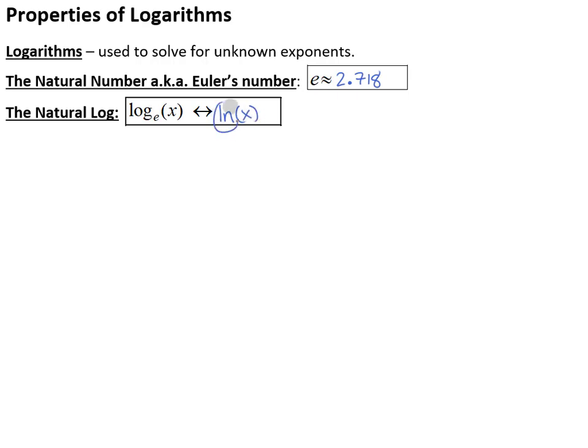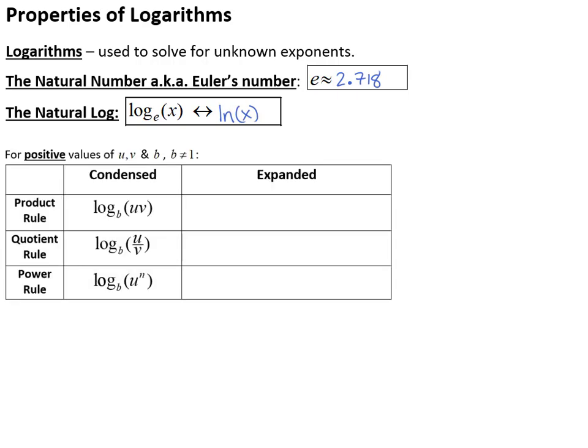So this is the natural log, ln, or log natural. I don't know, maybe it's French, but it's shortened as ln of x. That just means a log with base e. Okay, we will see that a lot, so make sure you know that one.